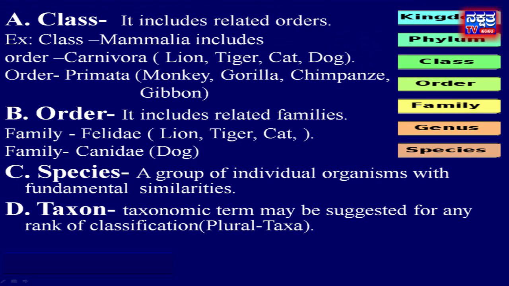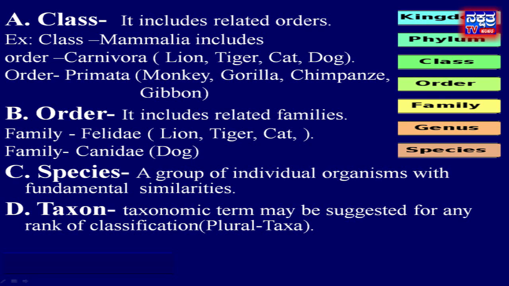Class includes related orders. For example, Mammalia itself is a class. Then it includes orders like Carnivora, like lion, tiger, leopard. Similarly, another order is Primata. It includes monkeys, gorilla, and chimpanzees.